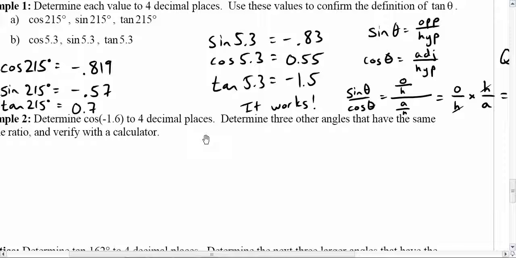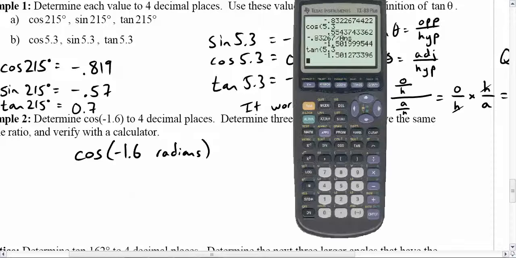So whenever you see an angle that doesn't have a degree sign beside it, that means you want to be in radian mode. So cosine of negative 1.6 means cosine of negative 1.6 radians. I can't do this in my head, so just plug it in.